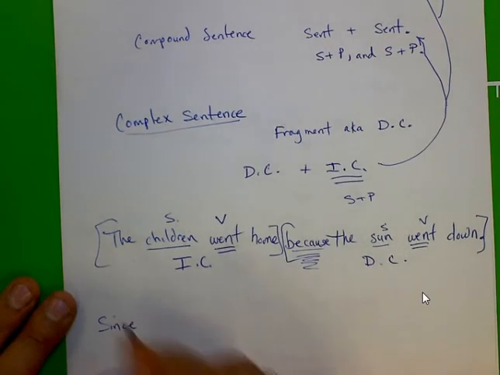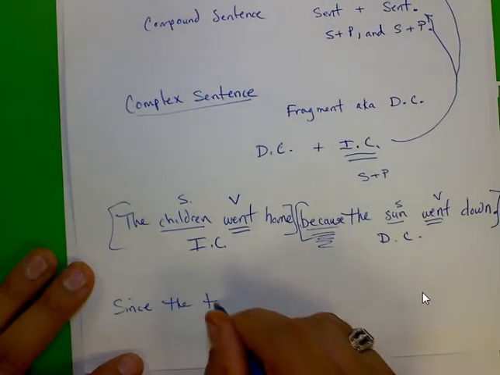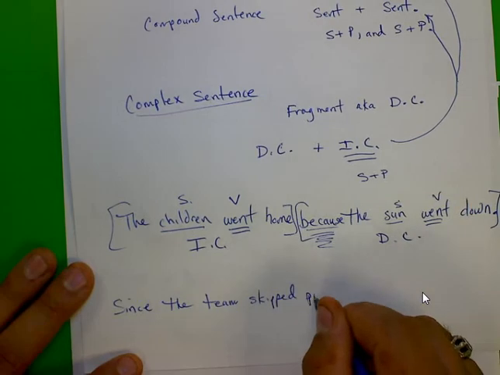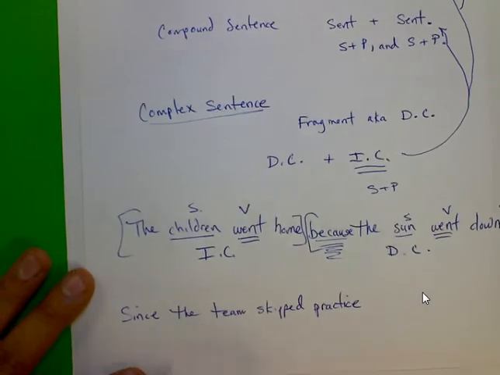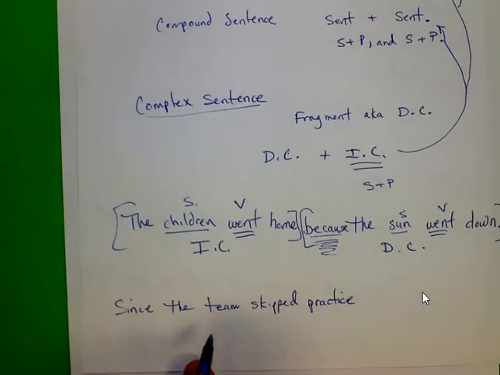That's a very common one. Since the team skipped practice, okay? Now, if I stopped right there and I put a period at the end of that, that doesn't make sense. It's dependent. Since the team skipped practice, and then everyone would look and say, yes, tell me the rest.